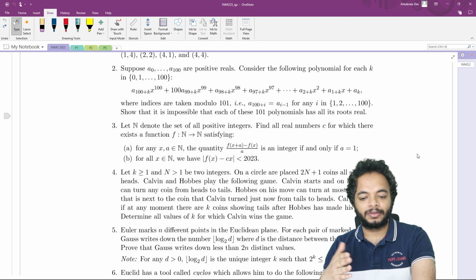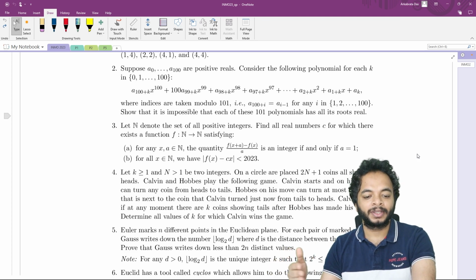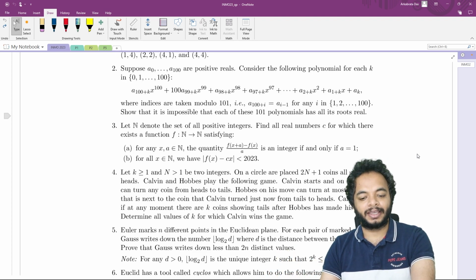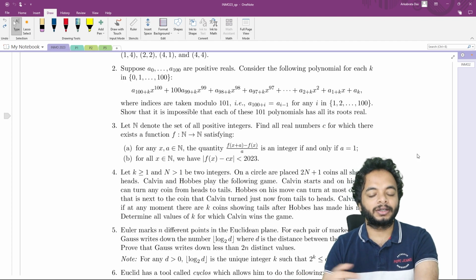And if the indices exceed 100, then you should take them under modulo 101. So a100 plus i is equal to ai minus 1 for any i belonging to 1 to 100.